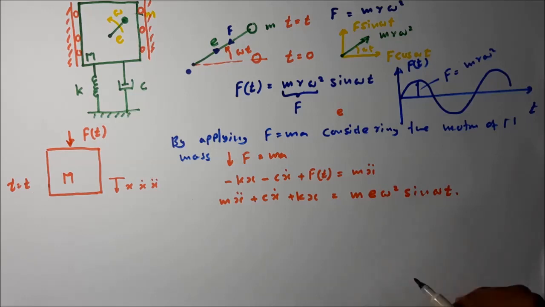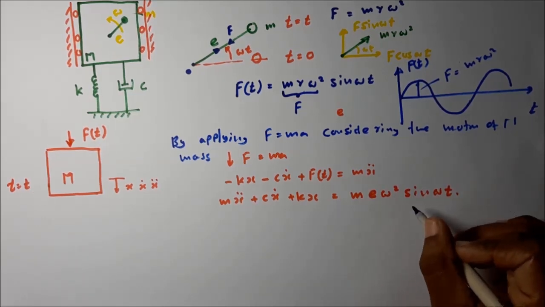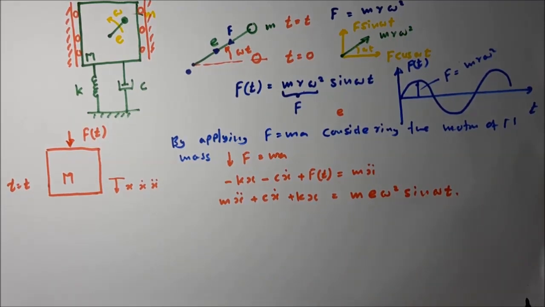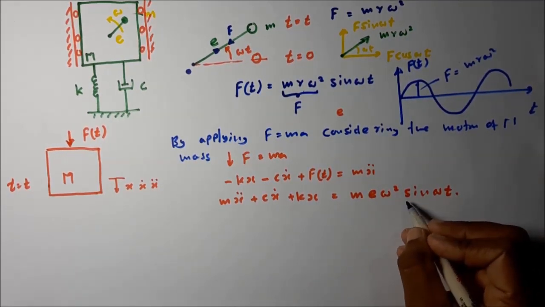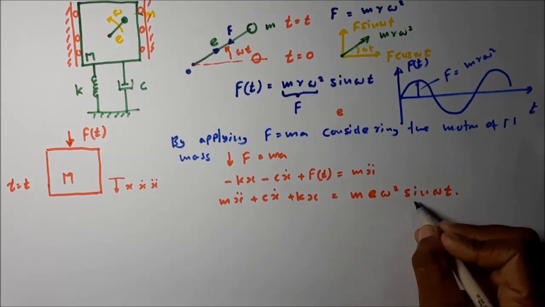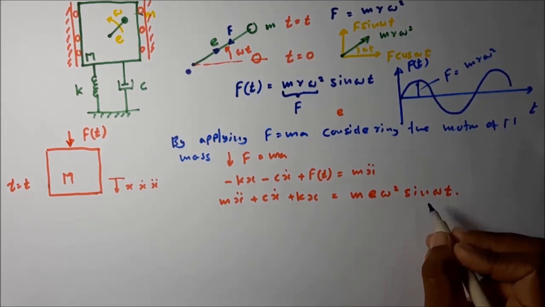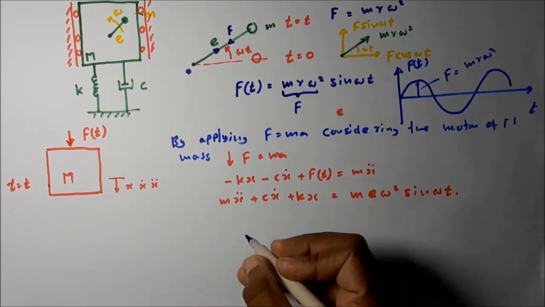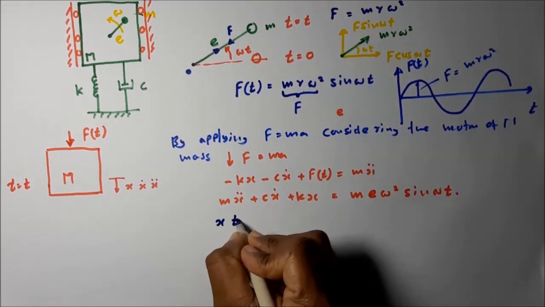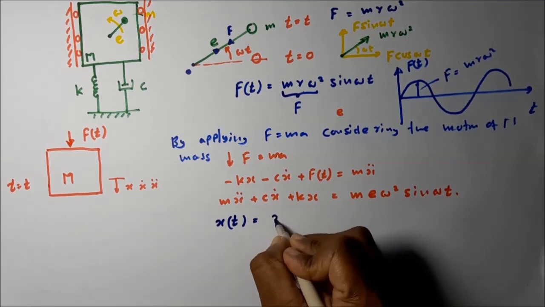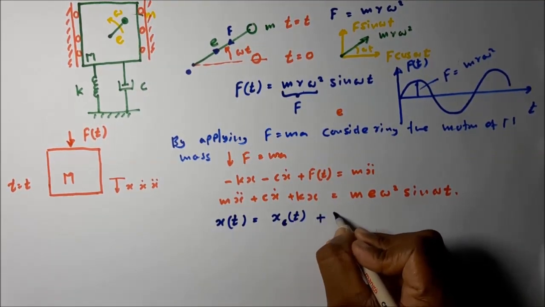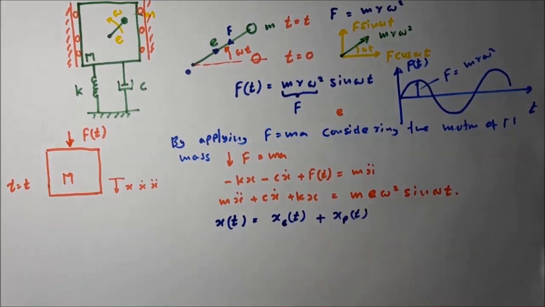In the last class we discussed how to solve this kind of differential equation. If we have a non-homogeneous part as a sine function, the total solution of the differential equation is x_c(t), the complementary function solution, plus x_p(t), the particular integral solution.